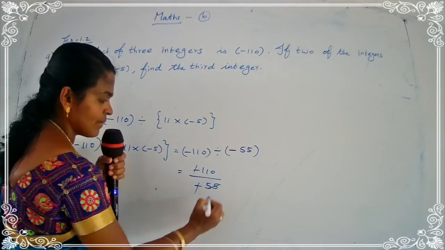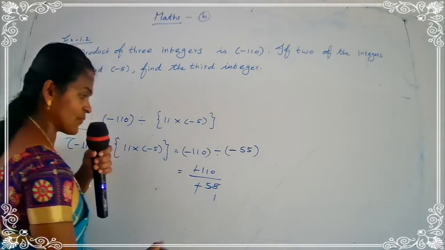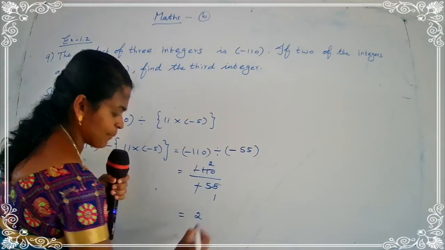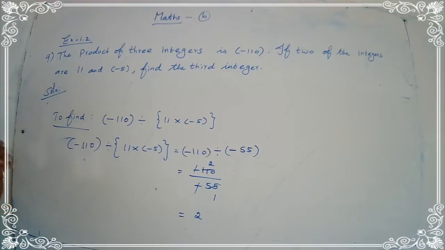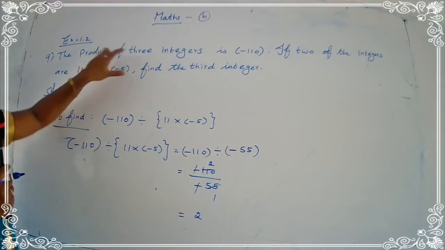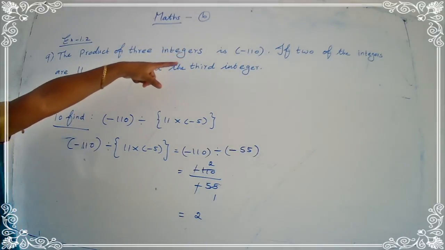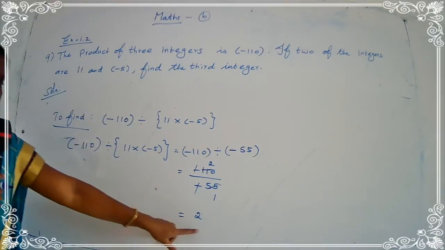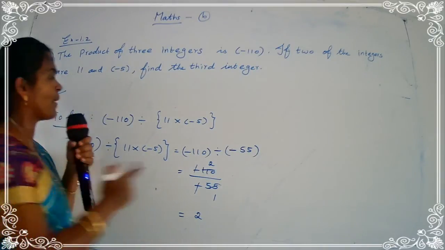Minus minus cancel. 155 is 55 and 2 55s are 110. So that's why your answer is 2. Okay, now you check. The product of 3 integers is minus 110. Here one integer is 11, another integer is minus 5, third integer is 2.